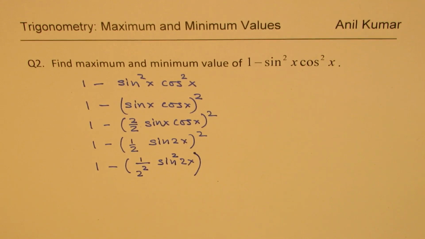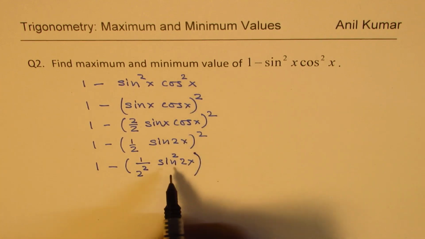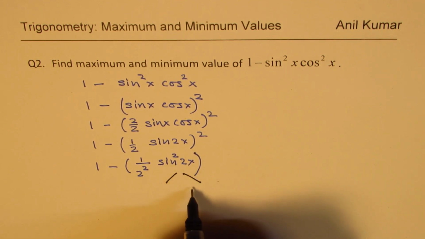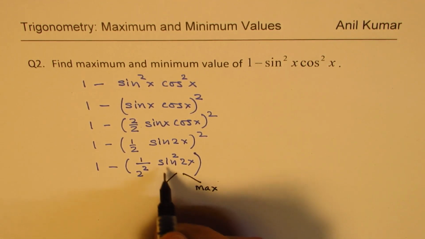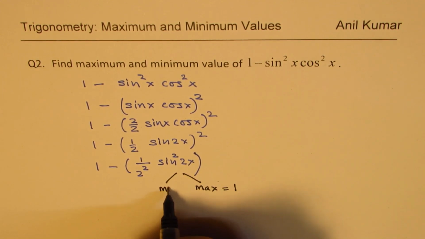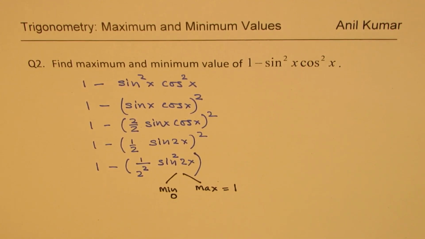Now if you look into this again, we have a square term here, right? So think about it like this. This could have a maximum of 1 and a minimum of 0. So in this case, we could have the maximum value for sine square 2x as equal to 1 and the minimum as equal to 0, right?